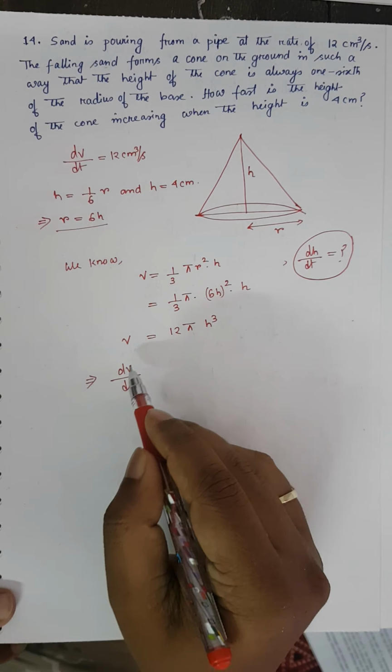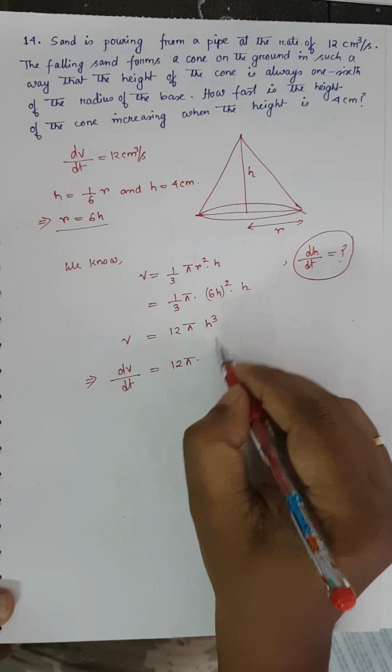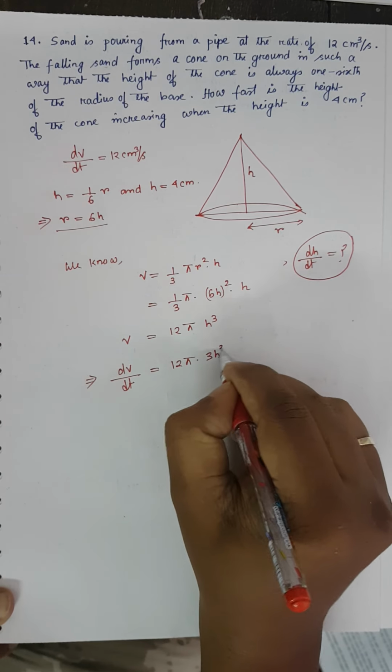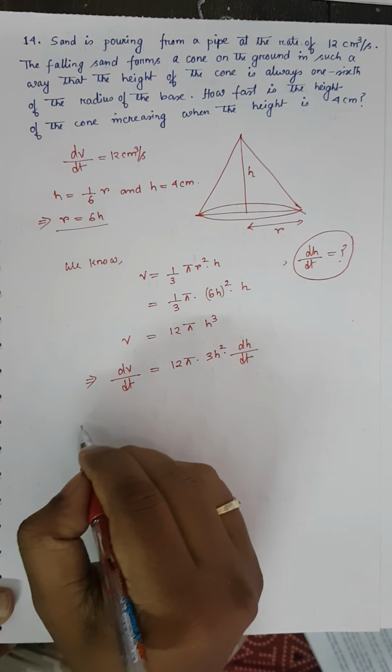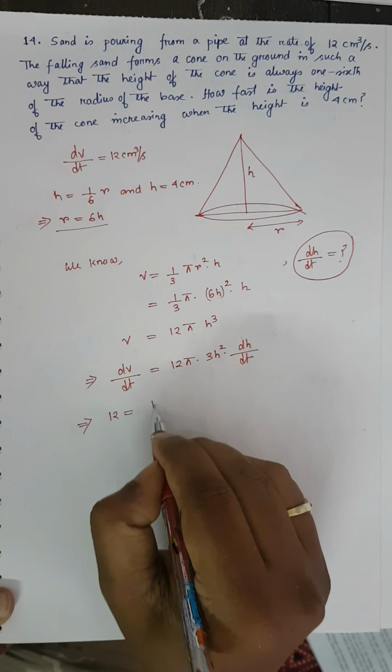So finding dv by dt, this is 12 pi, which is constant. For h cube, if I differentiate with respect to t, I will get 3h square, but it is h, so I will write dh by dt. Now place the values. This is your 12 pi.